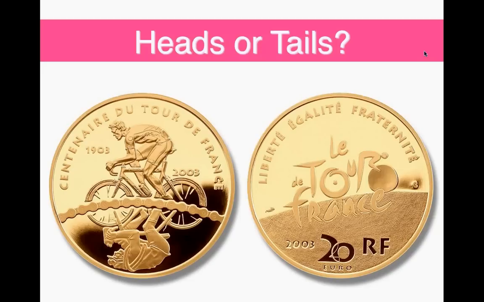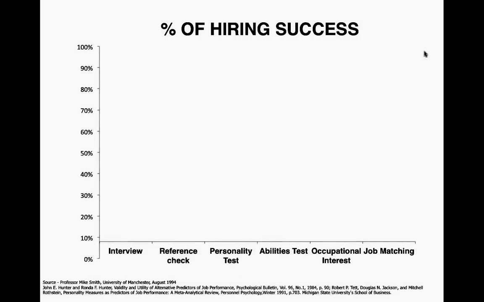Okay? Now you have it. The next time you hire or promote someone, simply flip the coin in the air and say, heads he gets a job, tails he doesn't. You'll get it right 50% of the time, which is 3 times more effective than using the old fashioned unstructured interview. I'm sure some of you are smiling right now.